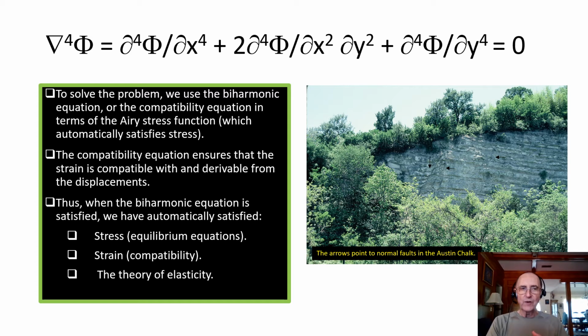The Airy stress function automatically satisfies stress. Remember that the compatibility equation ensures that the strain is compatible with and derivable from the displacements. So when the biharmonic equation is satisfied, we have automatically satisfied stress, strain, and the theory of elasticity.